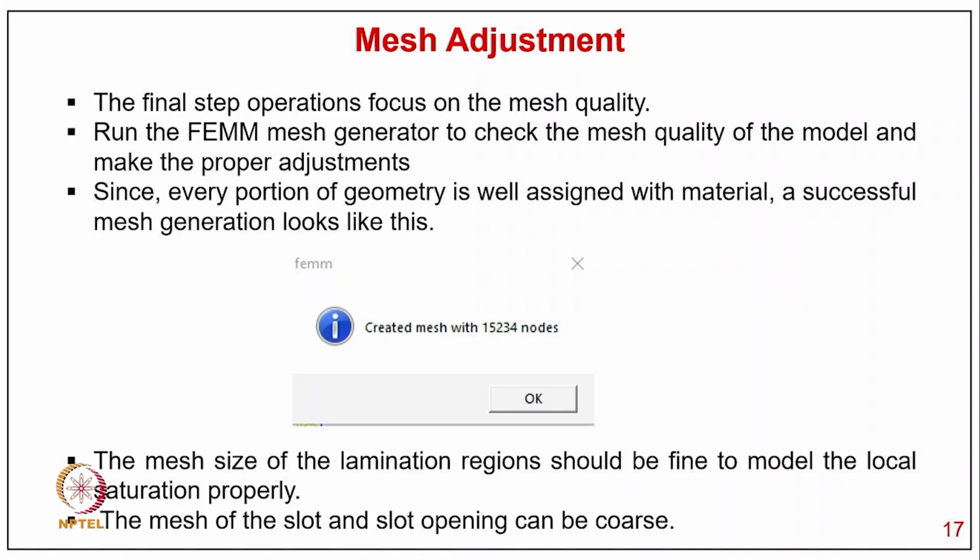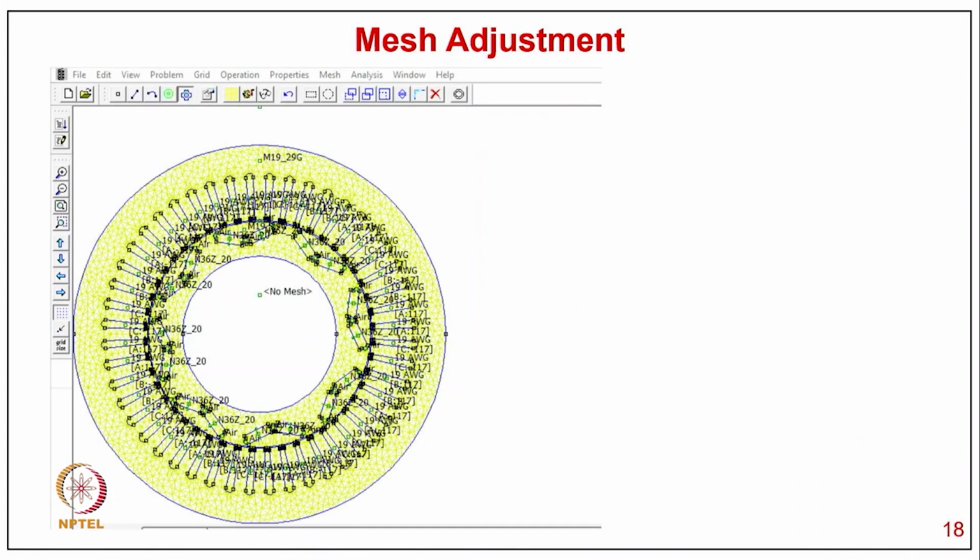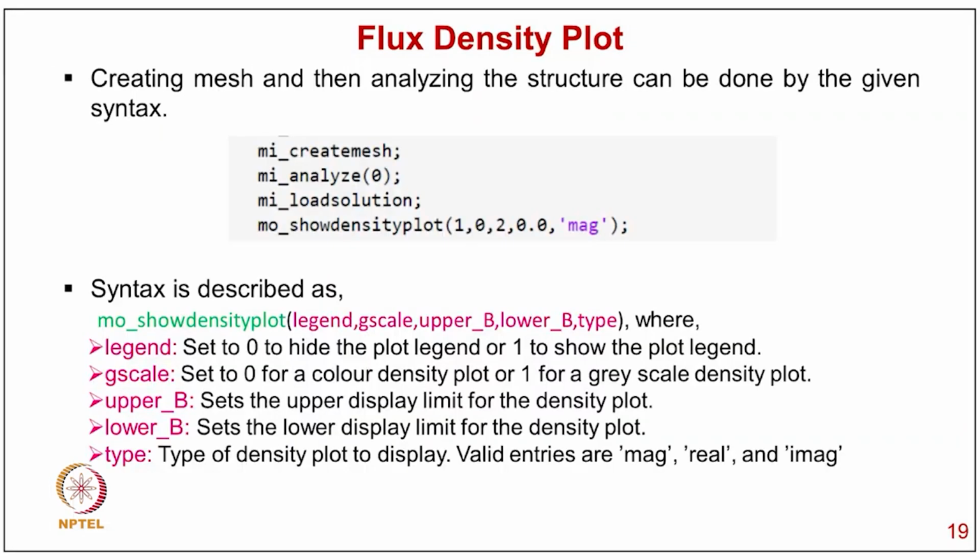The mesh size of the laminations region should be fine to model the local saturation property, and the mesh of the slot and the slot opening can be coarse. And here is the mesh adjustment you can see in the figure, according to the window and dimension. Now, creating a mesh and then analyzing the structure can be done by the given syntax.